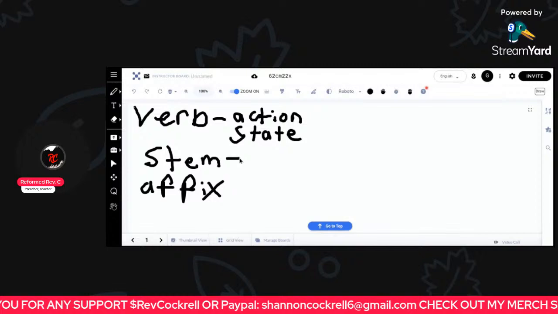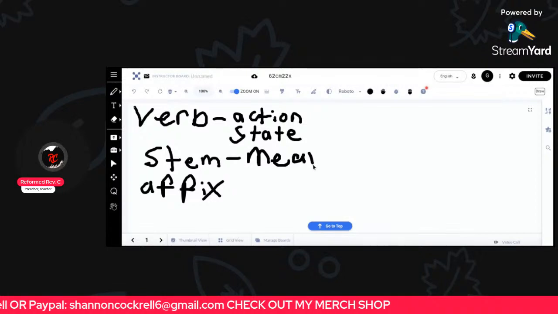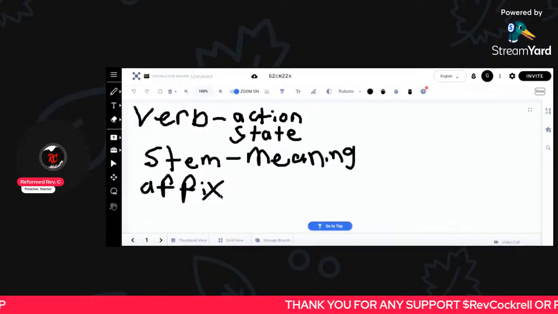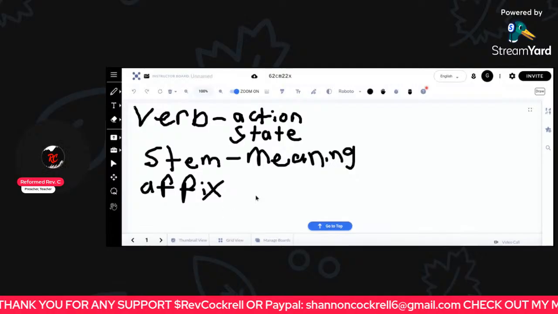So the stem is where the meaning is. This is what contains the lexical or the dictionary meaning of the word. Now, the affix is going to tell you how that word forms or how it performs in the sentence.